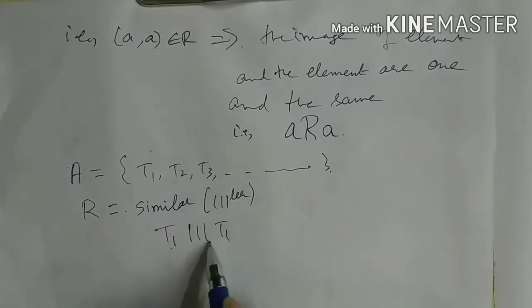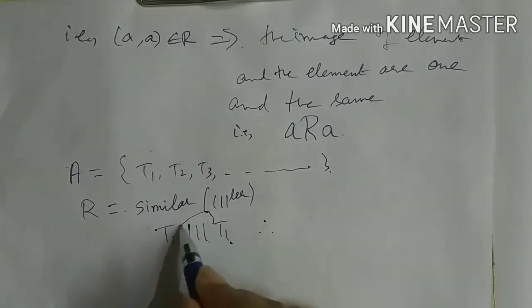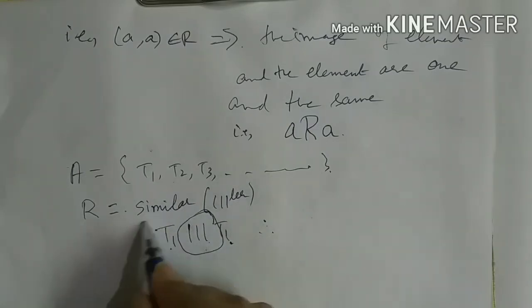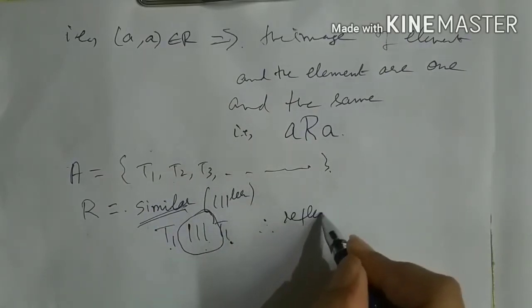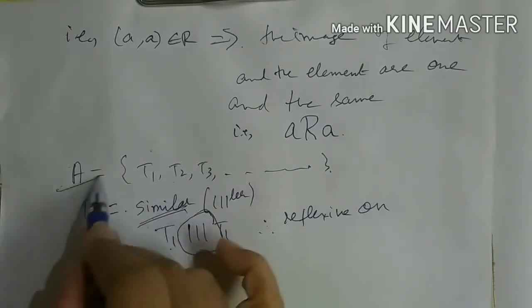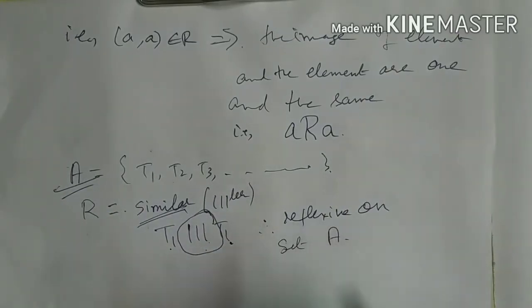We know that every triangle is similar to itself. Therefore, what we can say is the similar relation is reflexive on the set of triangles A.